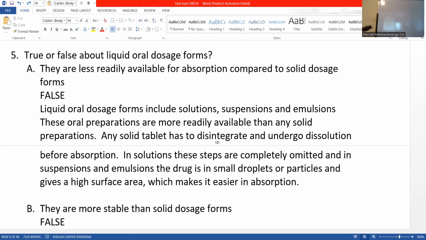If you take a tablet, the tablet has to absorb water, then disintegrate, break into pieces, then go into solution, that is called dissolution. It takes time. So compared to liquid forms, solid dosage forms take more time to absorb.